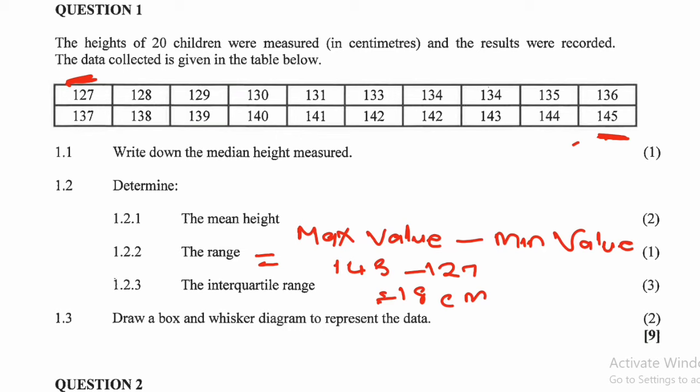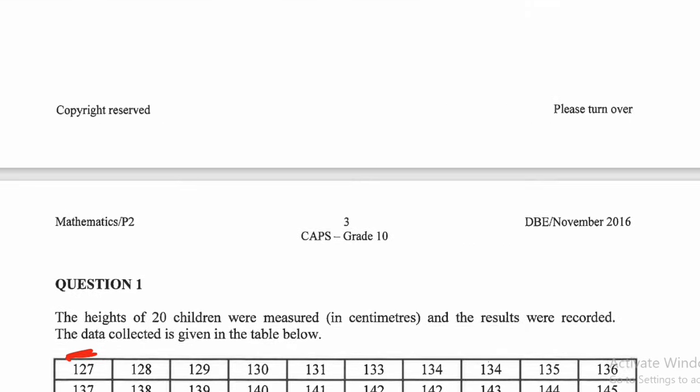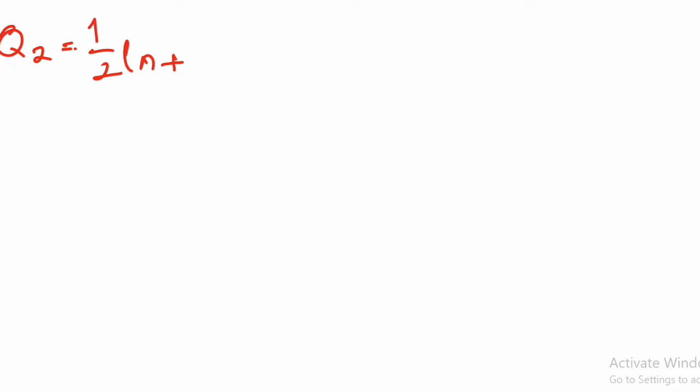Now the next question, 1.2.3, is looking for the interquartile range. So this is the range of the quartiles. Now let us go back here and I want to show you something. Remember, I showed you the equation for finding the position for the median. Q2 is equal to 1 over 2 (n plus 1). Now this is for the second quartile or the median.